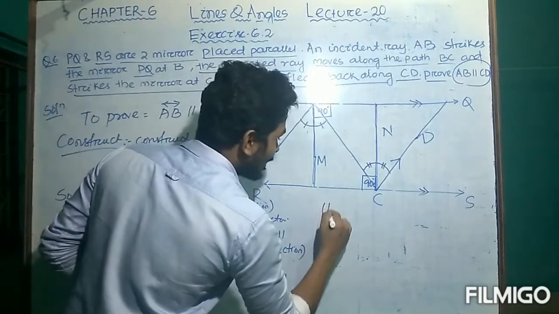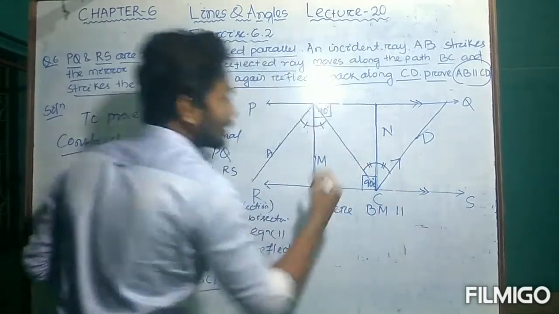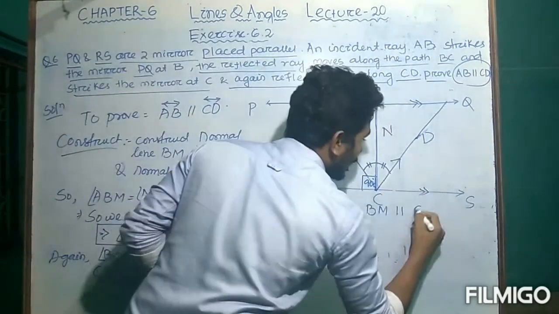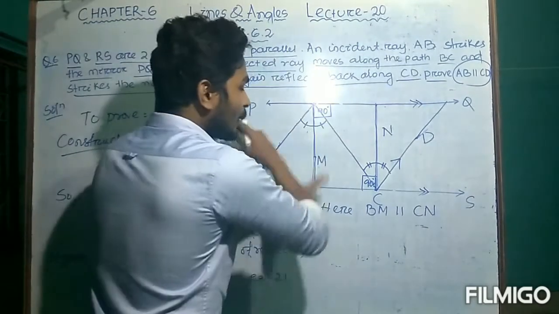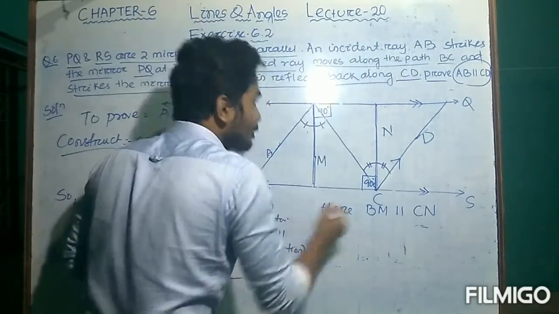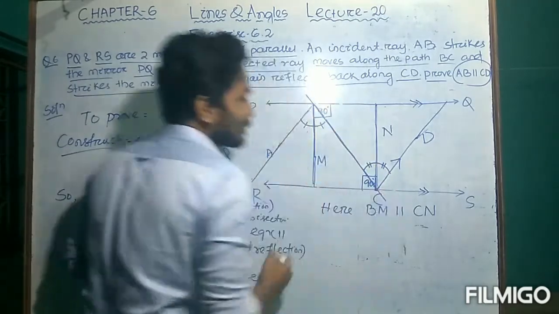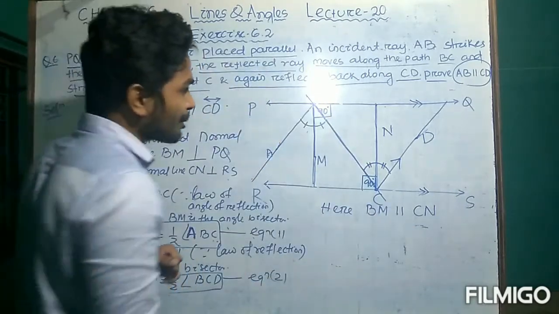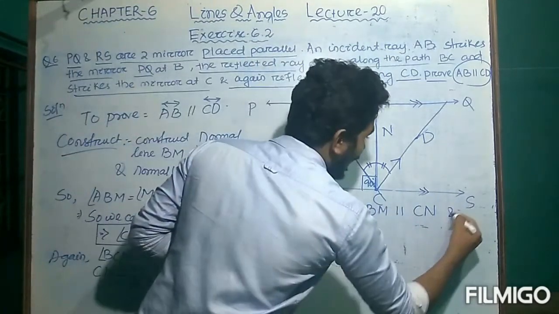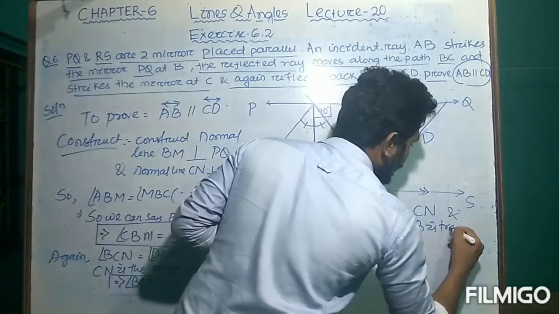Here BM is parallel to CN. Forget about everything else, just consider BM and CN, and CB is a transversal line.